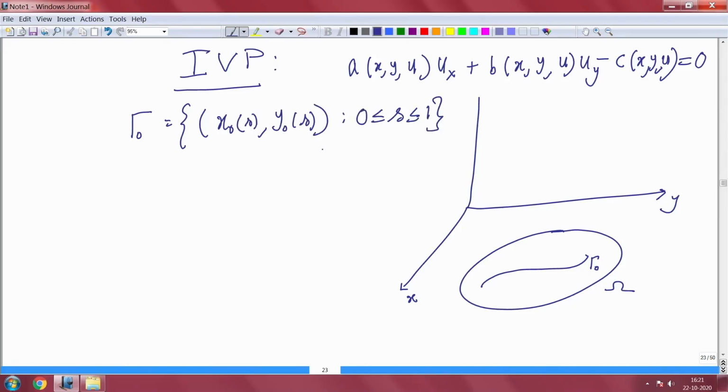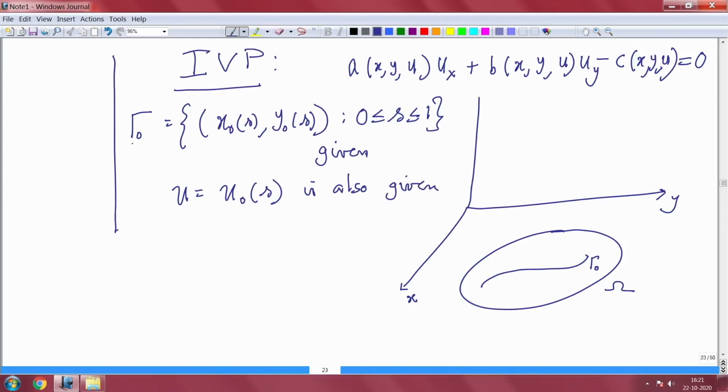That initial curve is given, and u equal to u naught of s is also given. So this is the complete data.